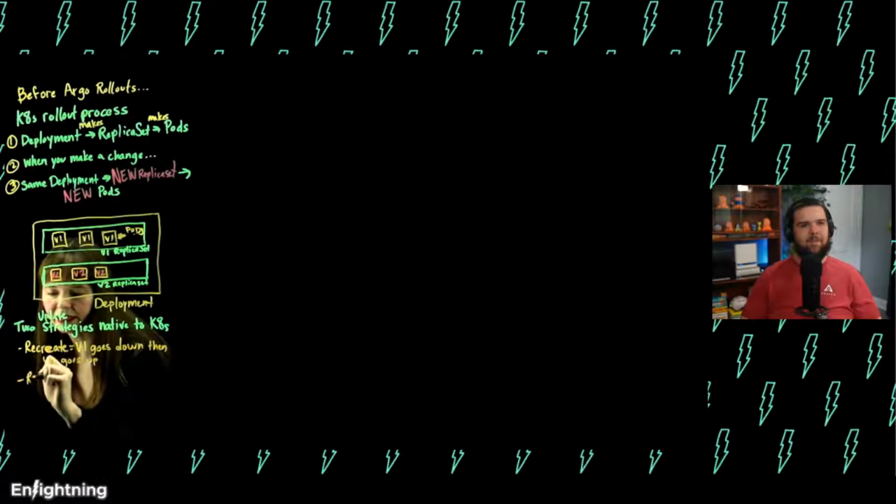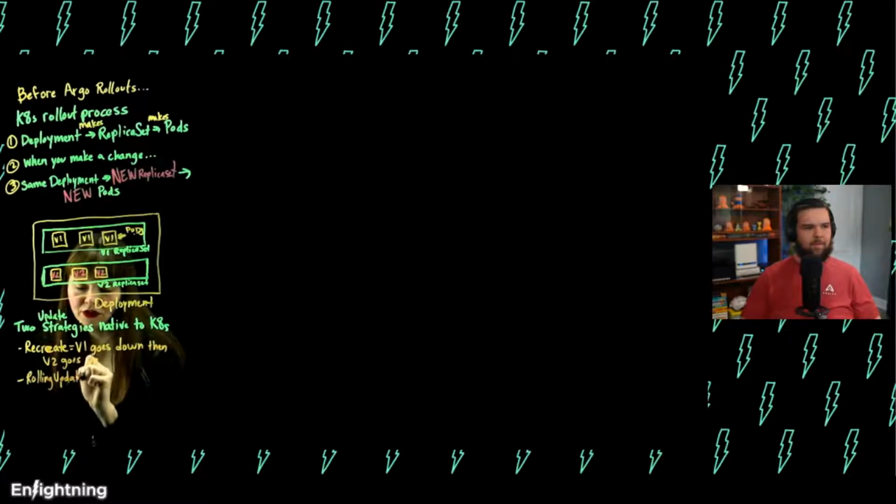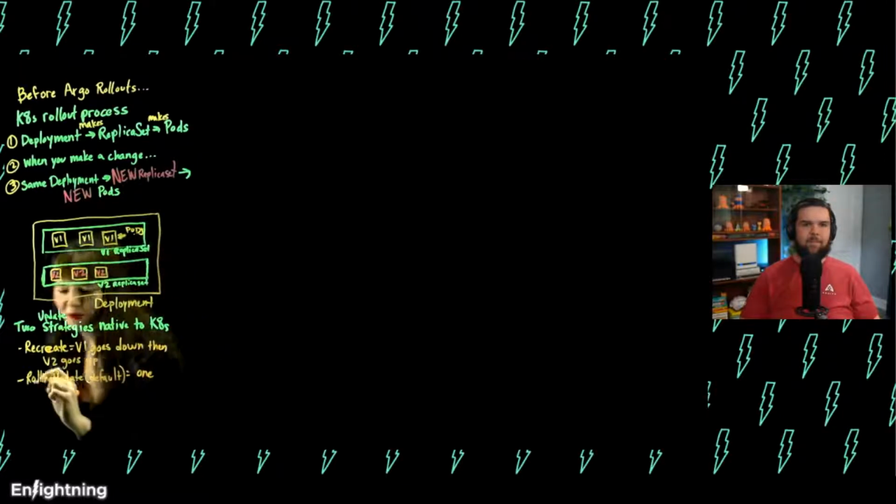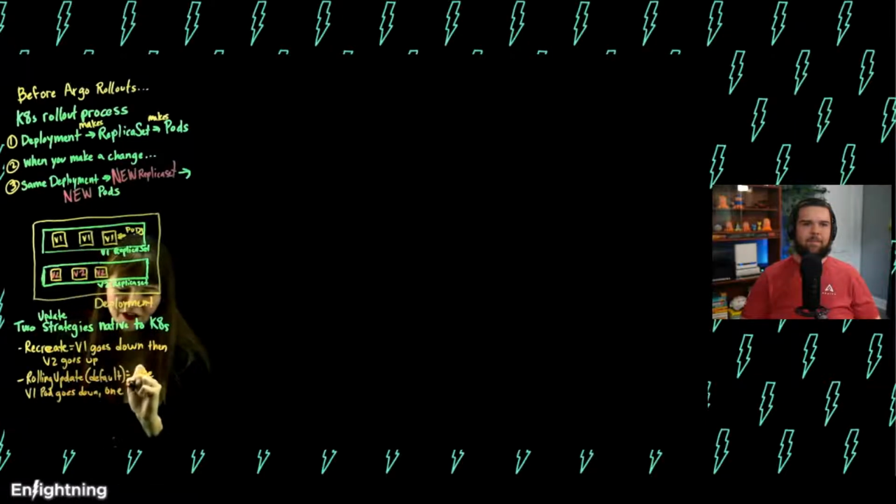Or rolling update, which is the default, which I didn't know. One V1 pod goes down. One V2 pod goes up.